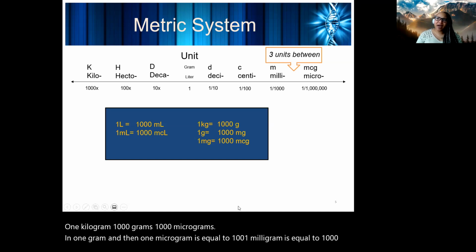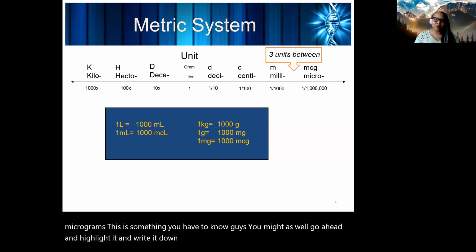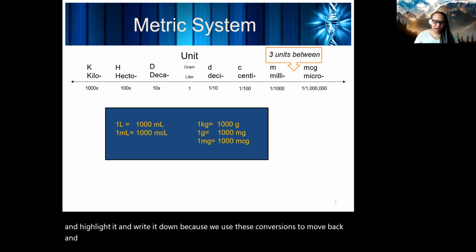This is something you have to know, guys. You might as well go ahead and highlight it and write it down, because we use these conversions to move back and forth when we are doing our medication dosage and calculations. So this is something you have to know.